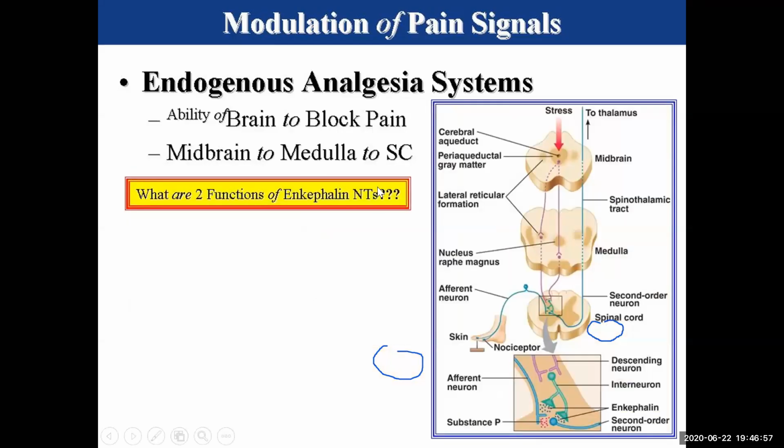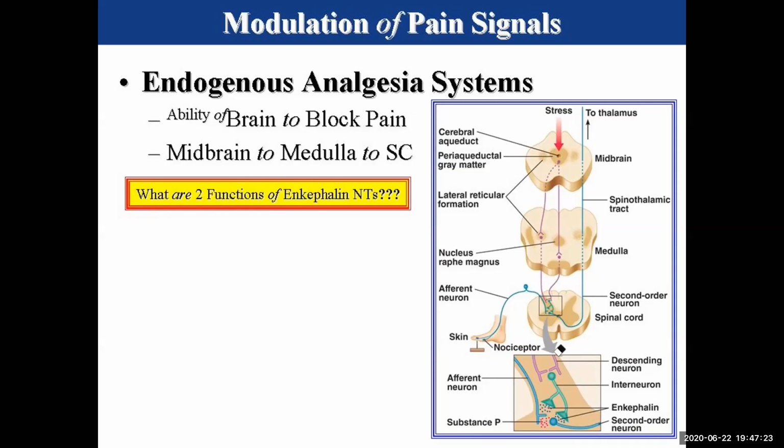There's another one. This is inside the spinal cord. This is also more powerful. It's called the endogenous analgesia system. This is the ability of the brain to block the pain. So the brain sends signals down to the brainstem, and ultimately at the spinal cord level here, that's where I want you to focus on.